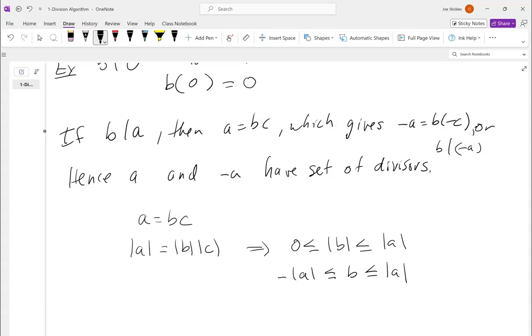One, every divisor can only get so big, right? You can't get any divisor of A any bigger than the absolute value of A. But the other thing it also tells us is they can't get too small.